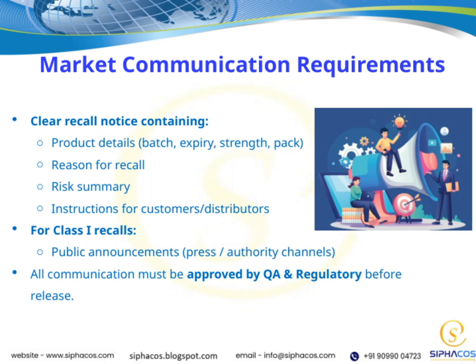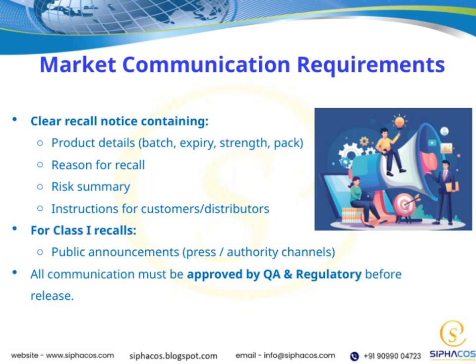Additionally, the notice should contain specific instructions for customers and distributors, what they need to do next to ensure safety and compliance. For Class I recalls, which are the most serious, public announcements are necessary. This might include press releases or communication through authority channels to reach a broad audience.